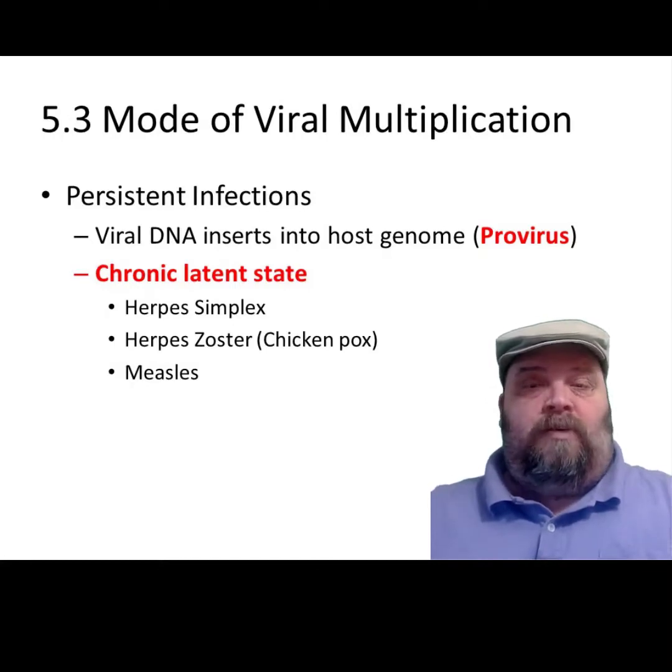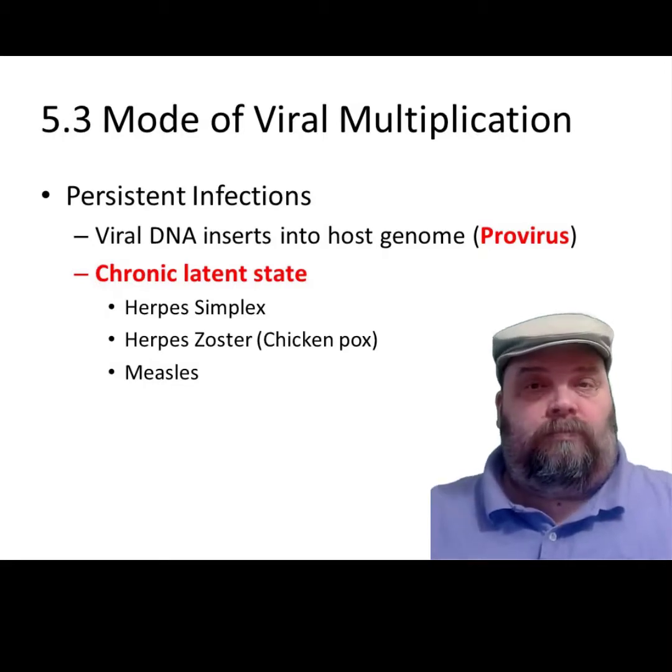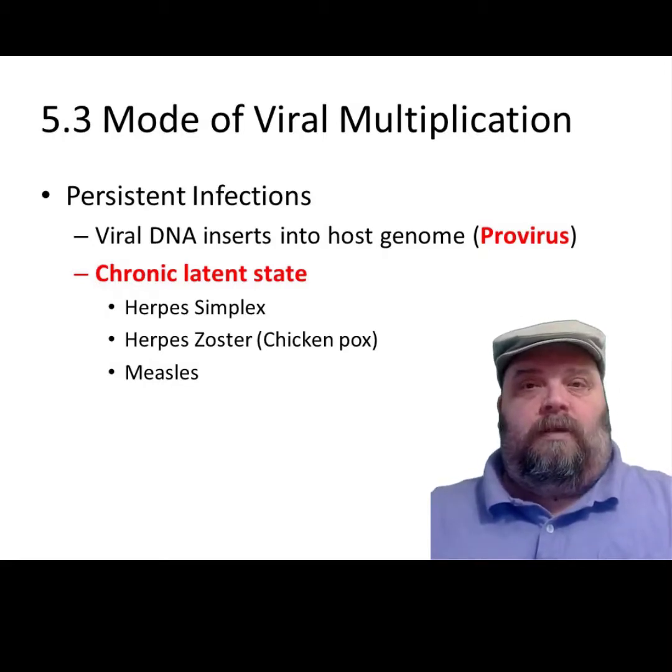Some point later in time, that provirus may start making new viruses. You'll get overwhelmed later. Think HIV. With HIV, the DNA hides in our host genome cells, which is why our immune system can't find it for long, long periods of time.